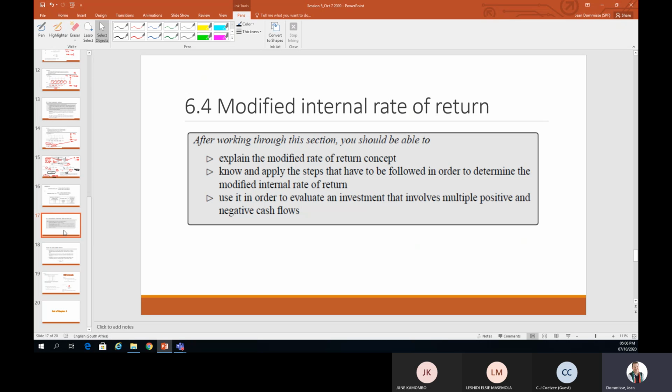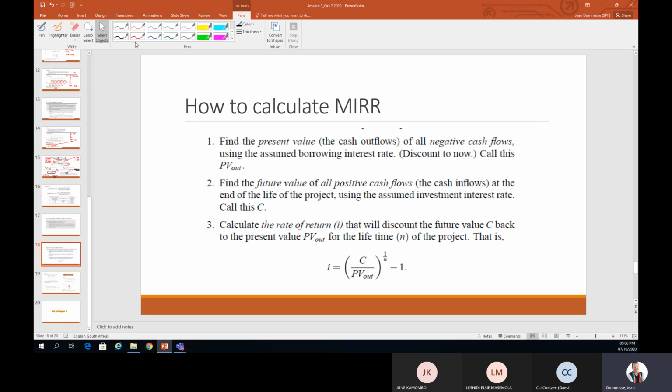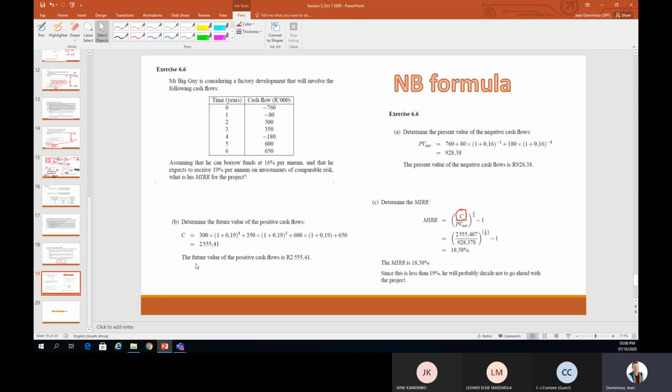Again, with this one you need to use the formula. There's no other way to do it.